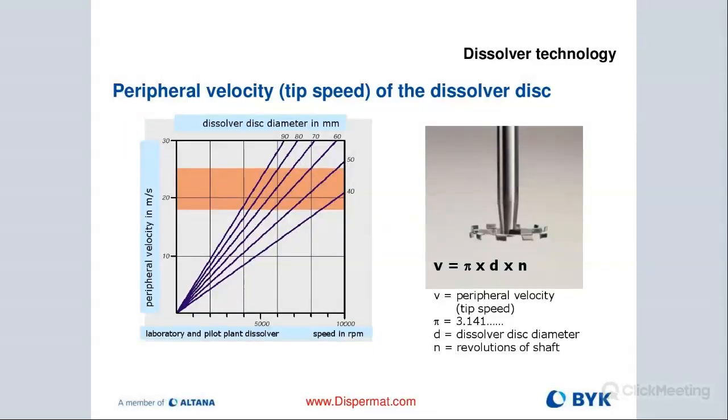And here is the important calculation formula to calculate our tip speed. So we have pi multiplied by the diameter of our milling disc, multiplied by the RPM or the shaft speed. If we want to get meters per second, how it's displayed on our machines, we want to divide everything by 60.